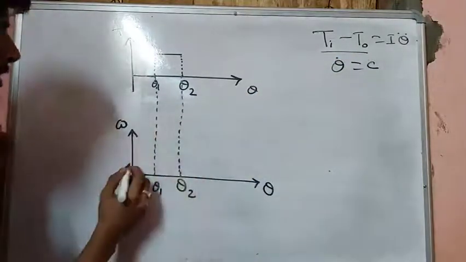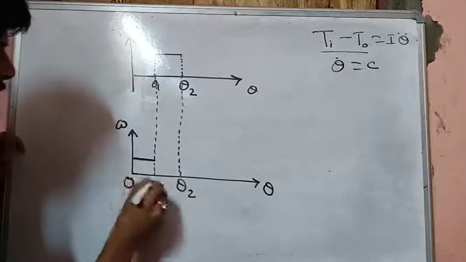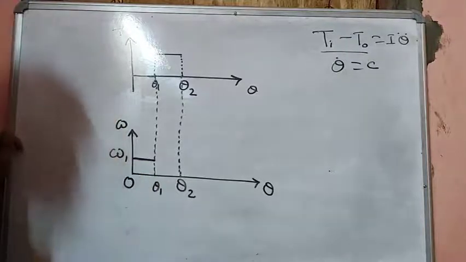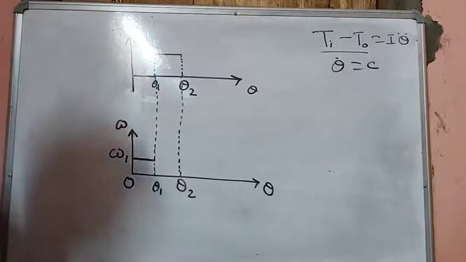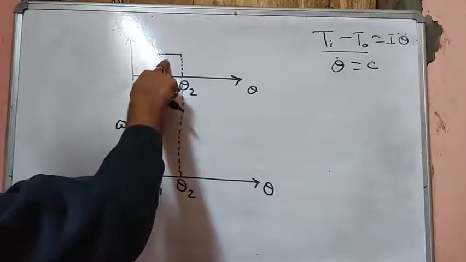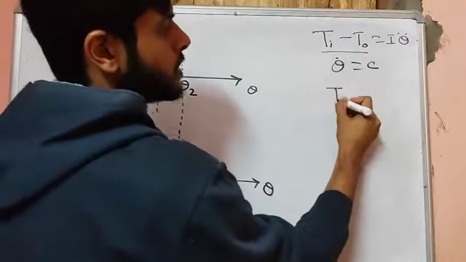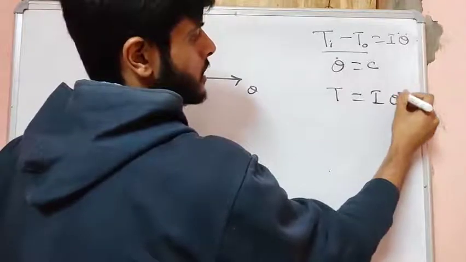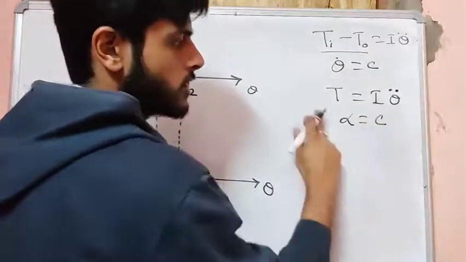So if the angular velocity is constant from 0 to theta 1, let's say the angular velocity is omega 1. Once we apply a constant torque, delta T is some constant, equal to I theta double dot. From this we can see that angular acceleration is also constant.